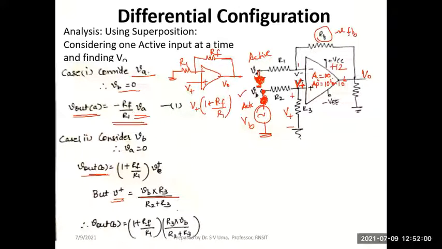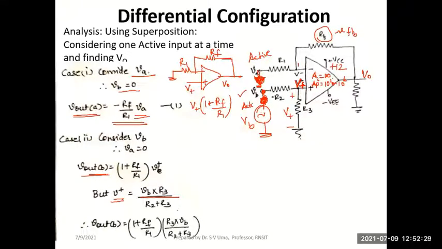Next, we considered VA to be grounded and VB to be active. So when VA is grounded and VB is active, we have to find what is the exact voltage which appears at the non-inverting terminal, because this VB is not directly given to the non-inverting terminal. So our first step in any non-inverting amplifier is to find what is the direct voltage at the non-inverting terminal.